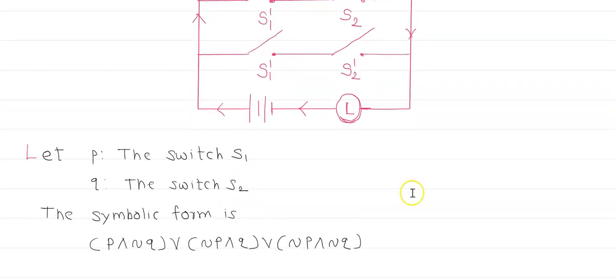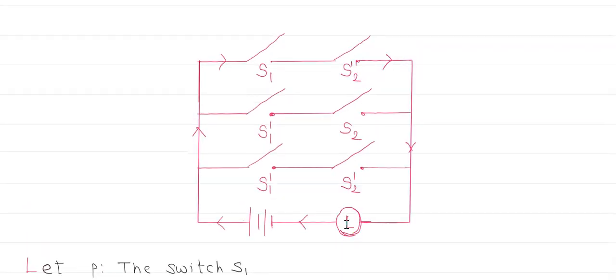Now here P is the switch S1, Q is the switch S2. Now what will be the symbolic form?